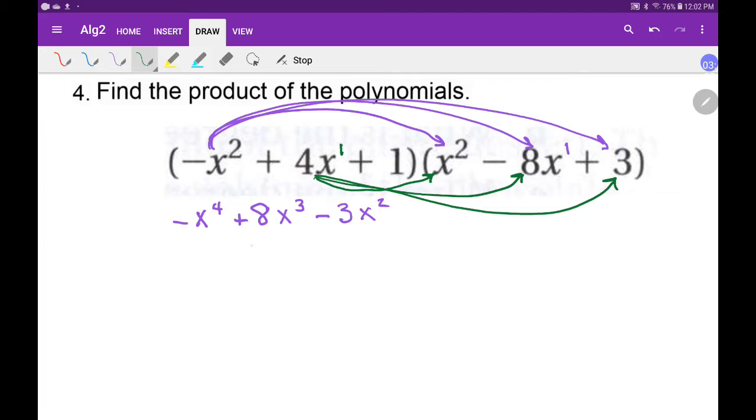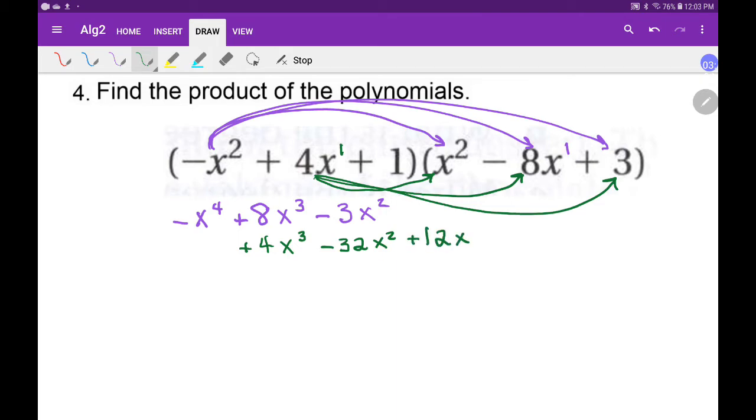4x times x squared. That's going to be positive 4x to the 3rd. You might say, why didn't he do the first one he said he was going to do? 4x times x squared. There we go. 4x to the 3rd. Now 4 times -8x is -32x squared. We add the exponents, 1 plus 1. And then the last one, 4x times 3 is 12x.